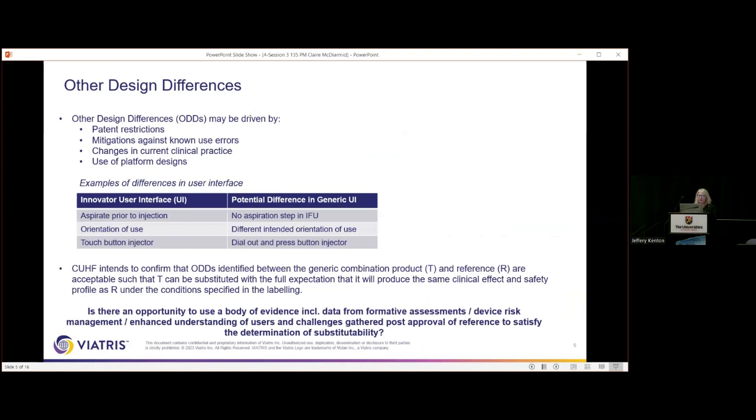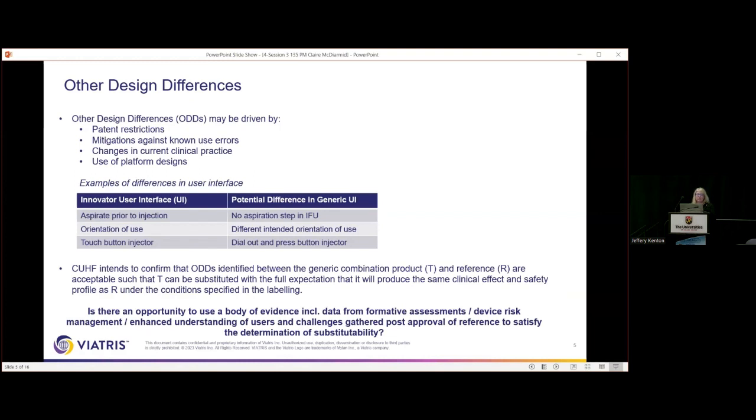I've talked about patent restrictions. There are other ways that other design differences can arise. Mitigations against known use errors, and we've heard people speak to that already today. What if your reference product has been on the market for quite some time, and market data, literature and patient advocacy fora are telling us that there are known use errors that we have the opportunity, potentially, in a generic to mitigate against?